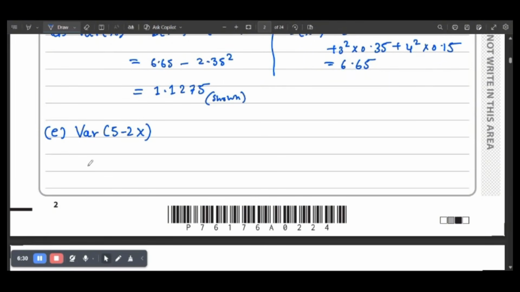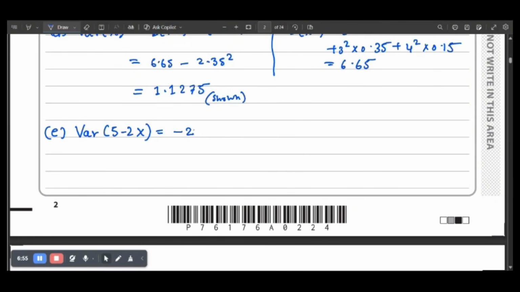So for part E, we have to find the variance of 5 minus 2x. We know that adding and subtracting to the random variable x does not affect the variance of it. What affects the variance is the multiplied value. In our case, the multiplied value is minus 2.